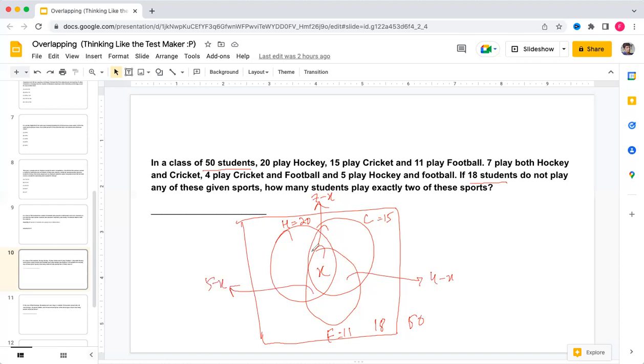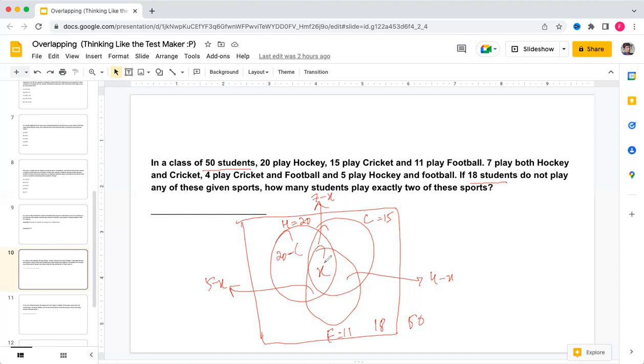Again, I'm repeating that this whole is equal to 7. 7 play hockey and cricket is the overlap. I assume X as the students who play all of these. So what will be the portion played only between hockey and cricket? That is 7 minus X, 4 minus X, and 5 minus X. So what will be only hockey? That will be 20 minus.